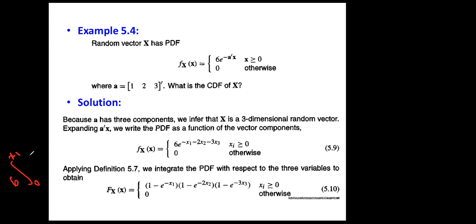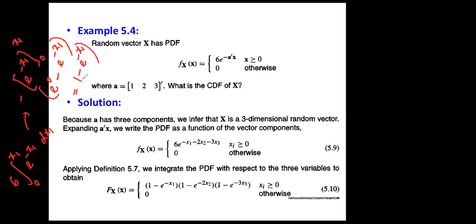So up to, say, this one is something like e to the power minus x1 with dx1, and if I integrate this, what comes? E to the power minus x1 integrates to e to the minus x1 with a minus sign, from 0 to x1. If I put e to the power 0 minus e to the power minus x1, that will be 1 minus e to the power minus x1.